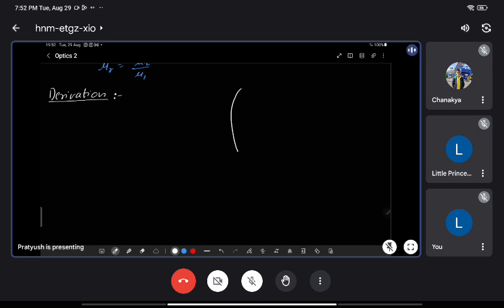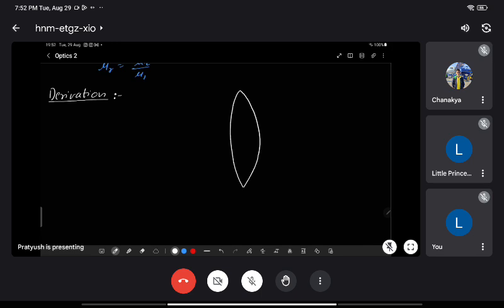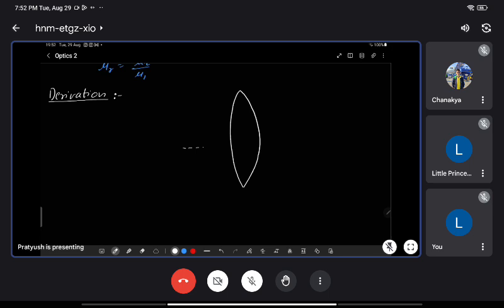I'm drawing the surfaces like this. This is C2, this is C1.